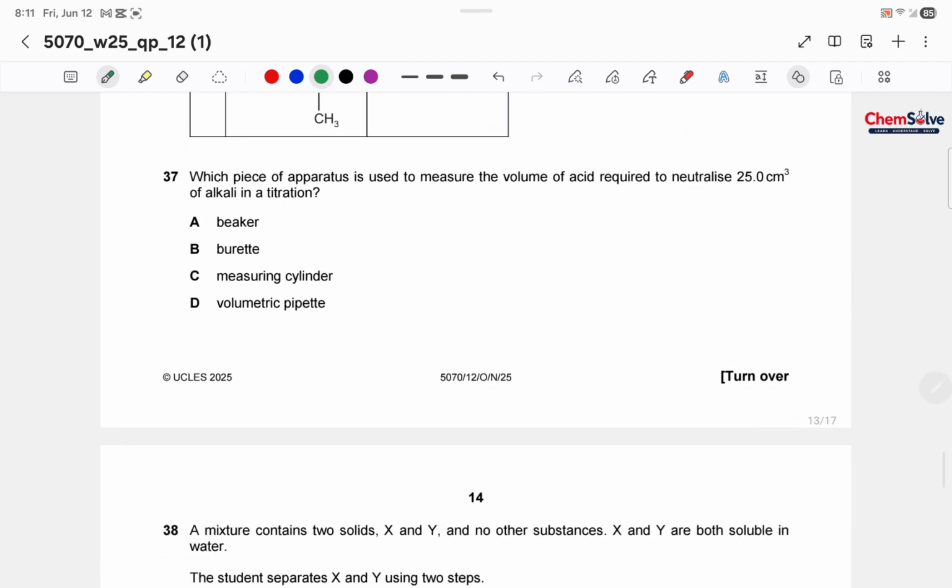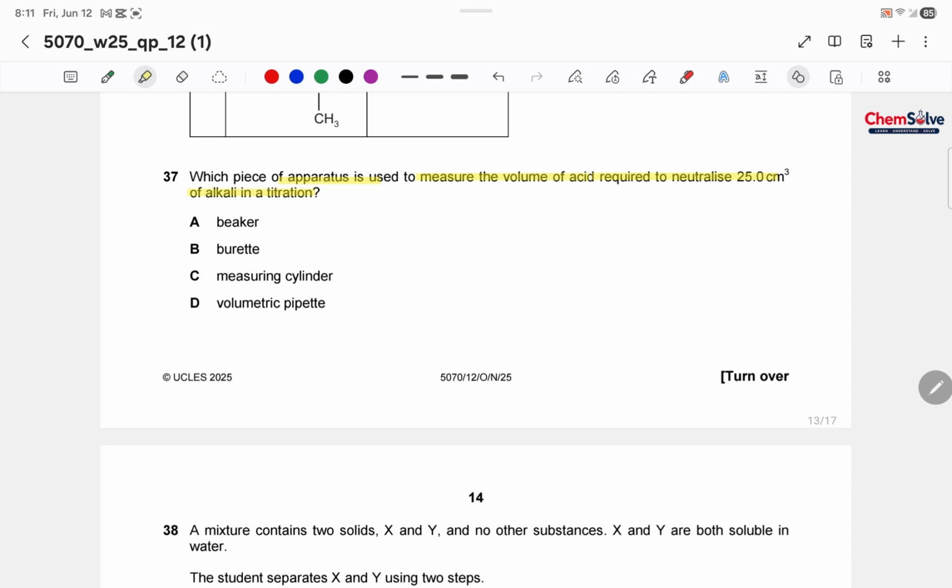Okay, question number 37. Which piece of apparatus is used to measure the volume of the acid? We have to find out the volume of the acid required to neutralize 25 cm cube of alkali in a titration.